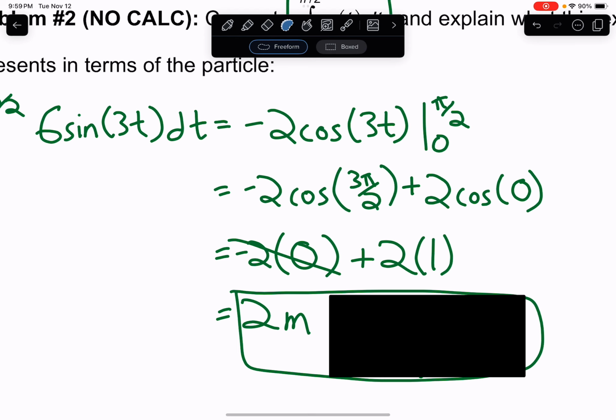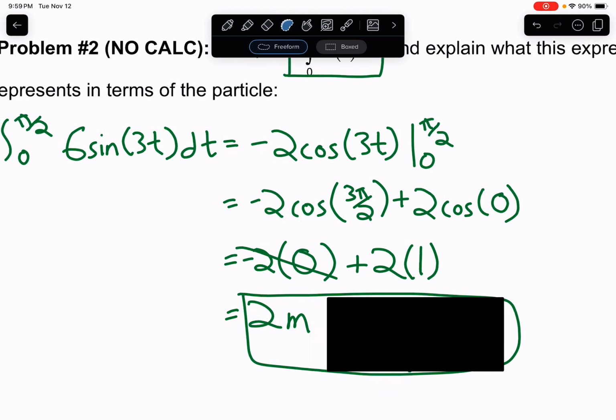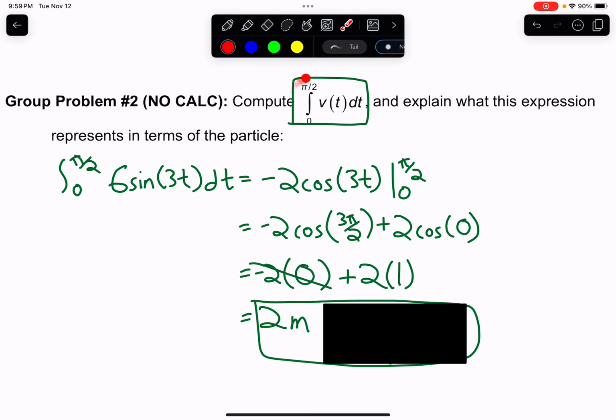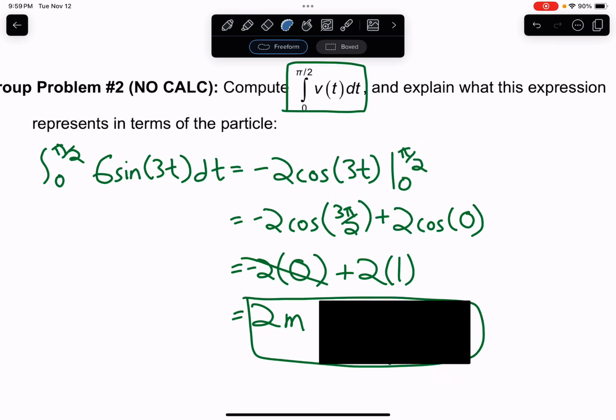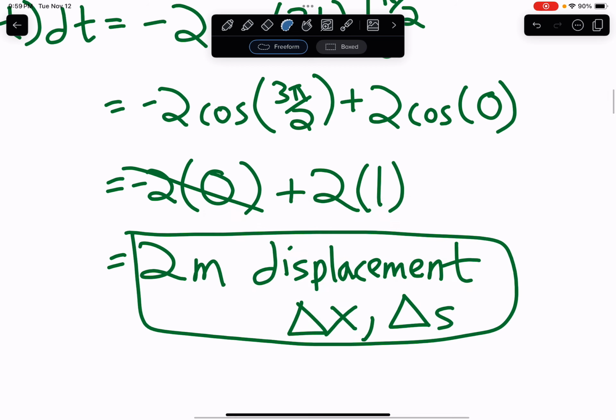But specifically 2 meters, right? Because what does this integral represent? If I'm just taking the integral of the velocity function, that represents the displacement. And remember, for displacement, we can call it delta x, delta s, whatever your position function is called. It is the change in position.